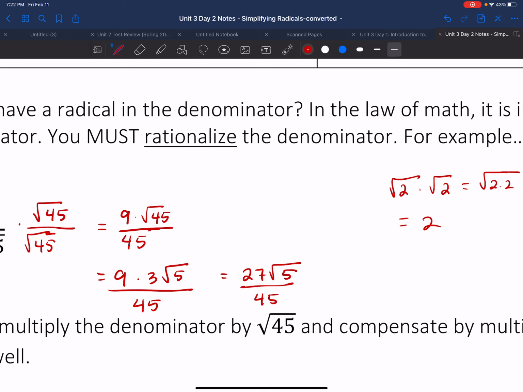So I need to divide this by 9 and divide that by 9. So 27 divided by 9 is 3. And then I have that square root of 5 left over. And then 45 divided by 9 is just 5. And now this is my answer.